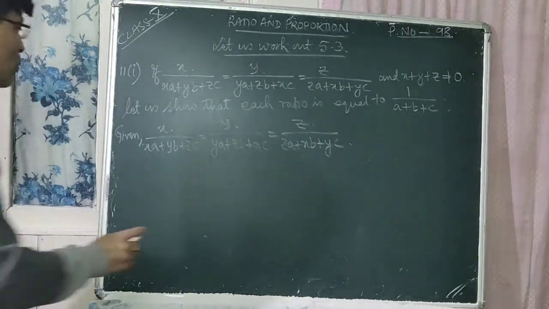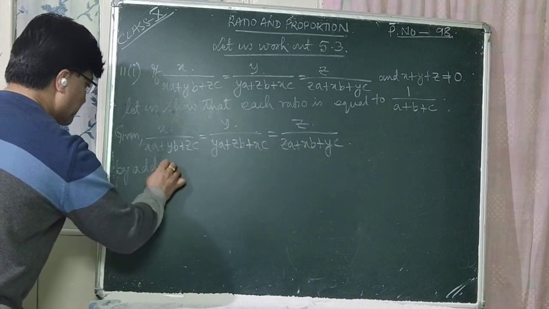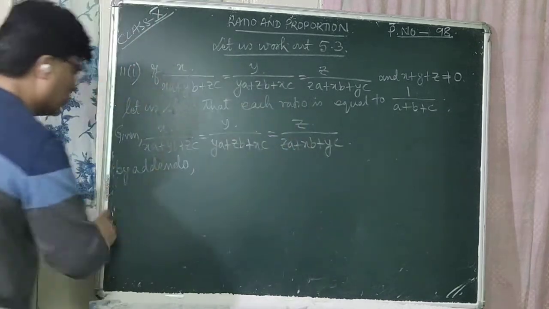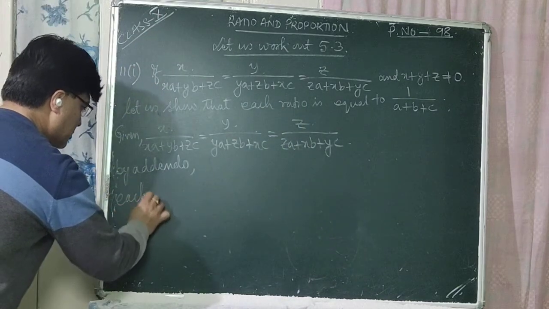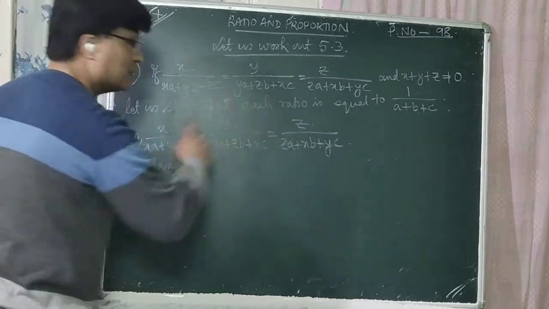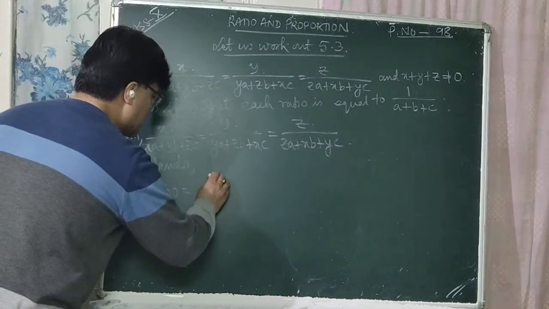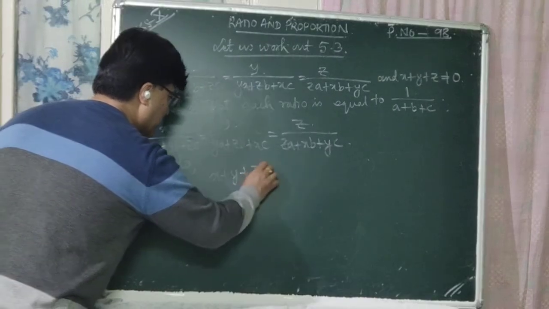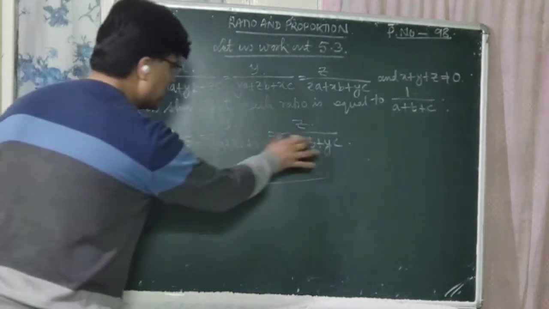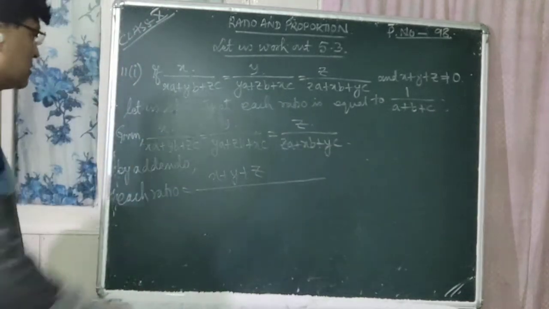So by addendo, what can you write? So by addendo, each ratio is equal to, you can add the expressions in the numerators, that means x plus y plus z, divided by, add all the expressions which are in the denominators, right?